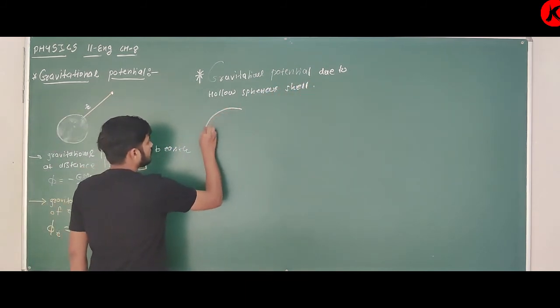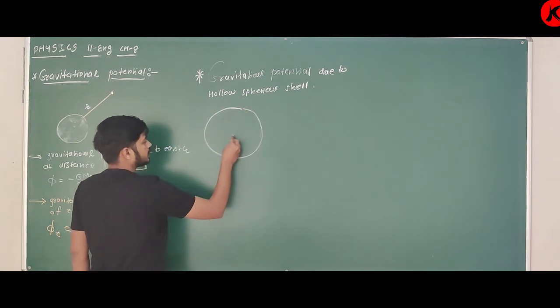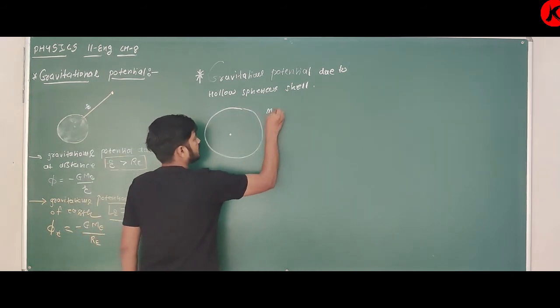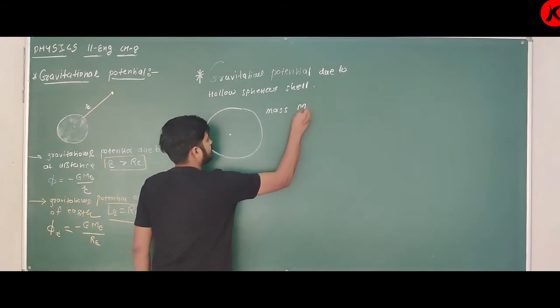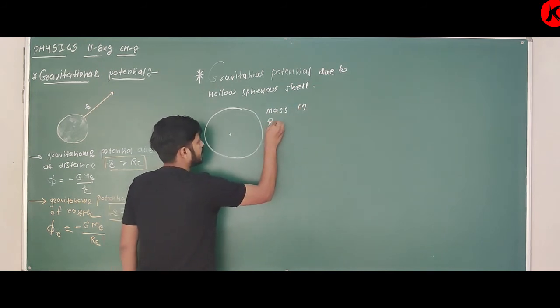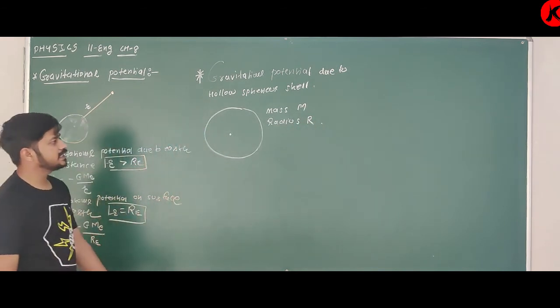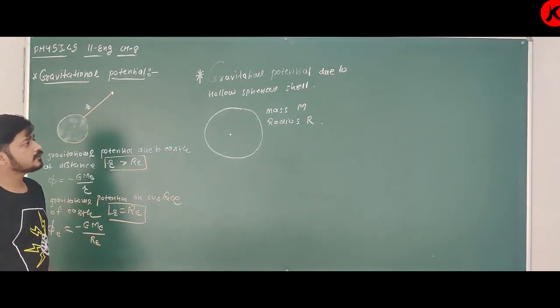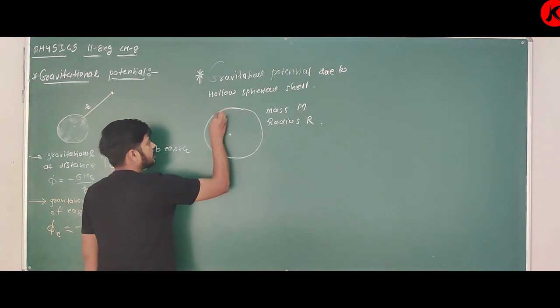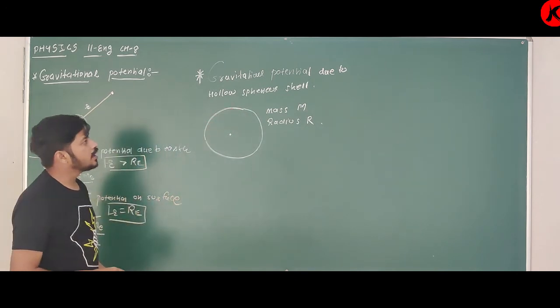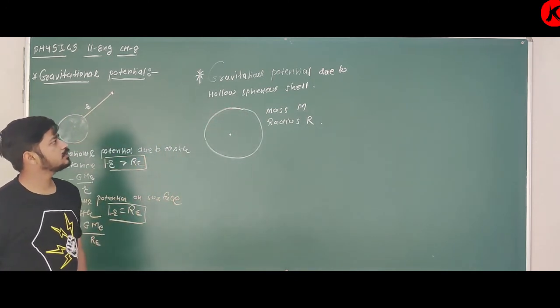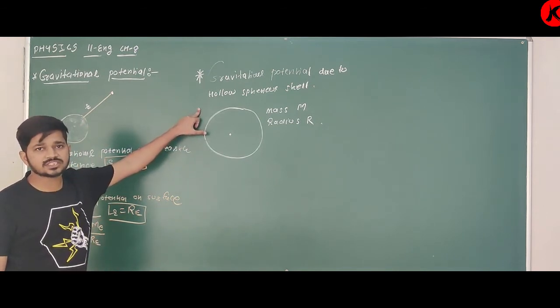Suppose you are given one hollow spherical shell with its center. Its mass is M and its radius is R. Hollow spherical shell means mass is only on its surface. For this hollow spherical shell, we will consider three cases.